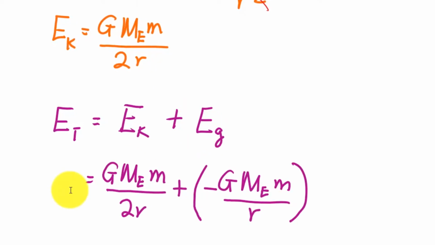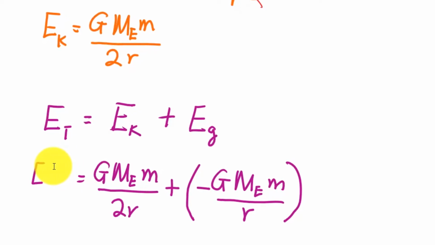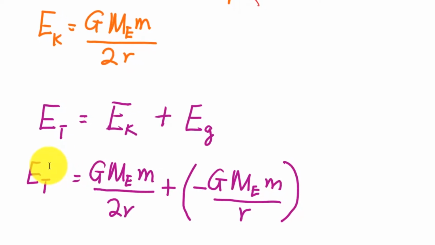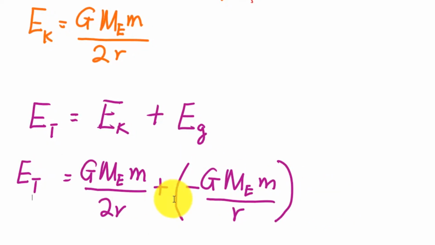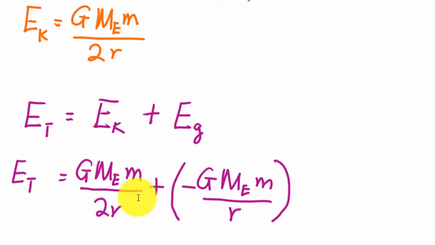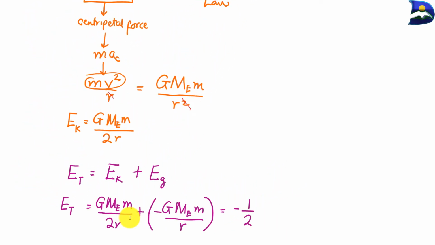Remember here that this E total can be rearranged in a way that we collect our like terms, and the result is that the combination of these gives us this particular result, which is negative half multiplied by G big M from Earth multiplied by our satellite mass divided by our radius.